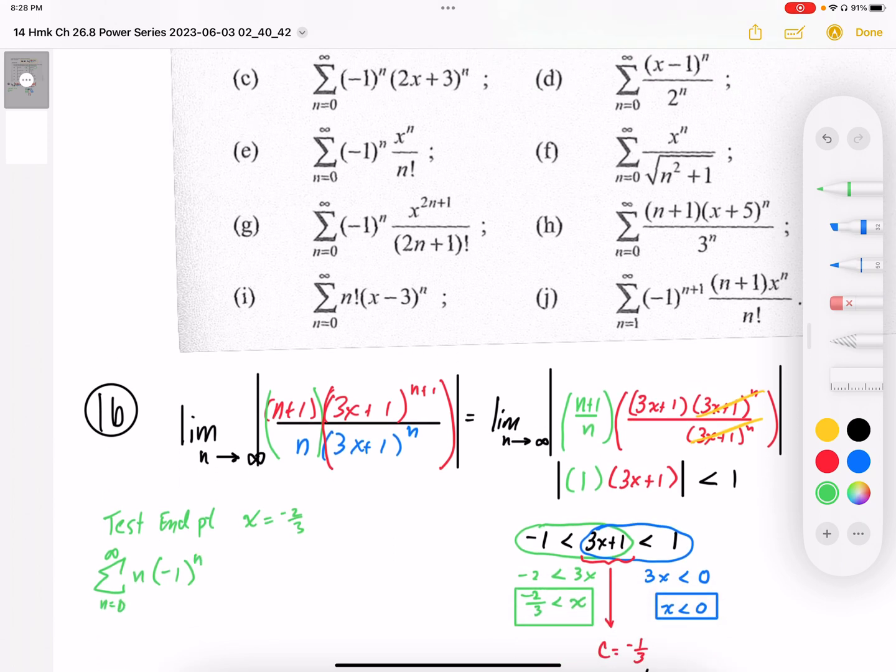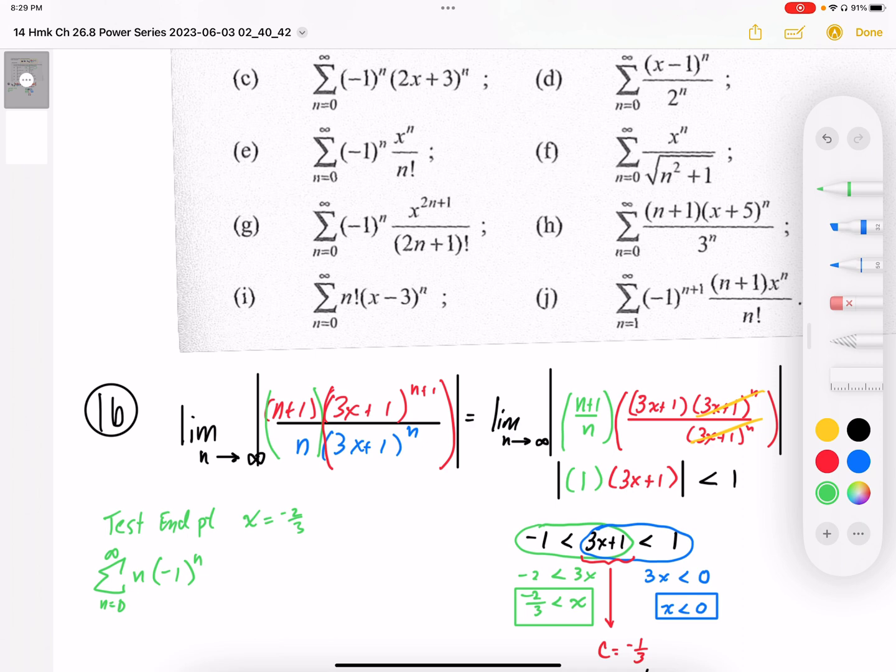So this negative 1 is very nice to have because it makes it alternating. However, even though it's alternating, the n is not going to 0. It's just going to get bigger and bigger and bigger. Okay?